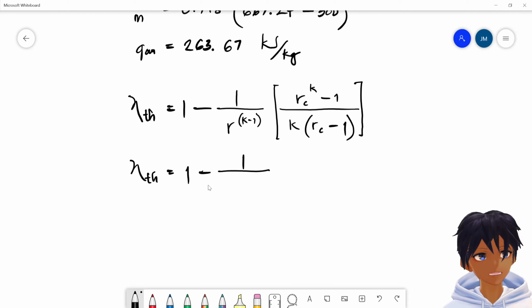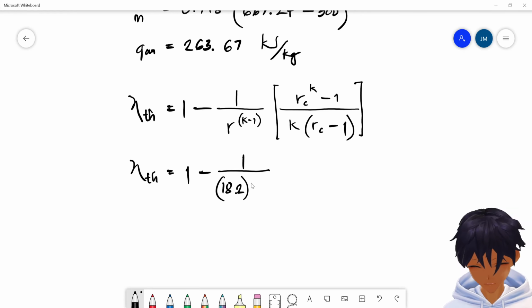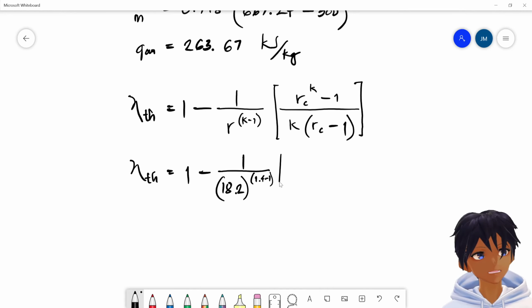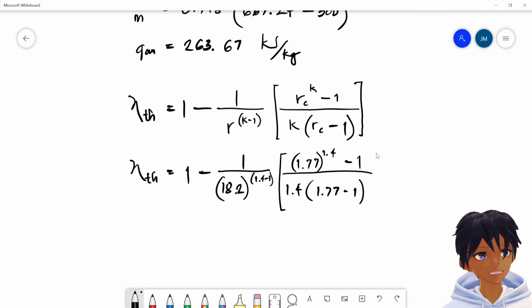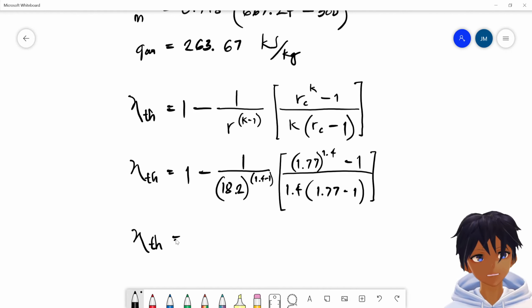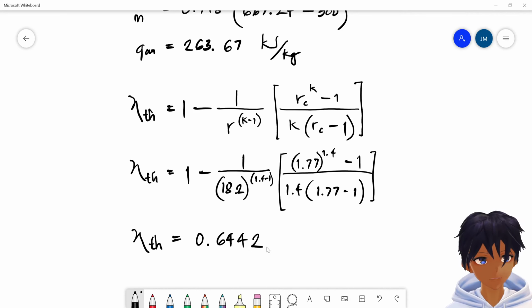This is 1 over 18.2 raised to 1.4 minus 1, times 1.77 raised to 1.4 minus 1, over 1.4 times 1.77 minus 1, and thermal efficiency is 0.6442.